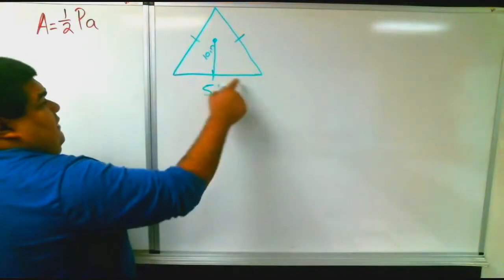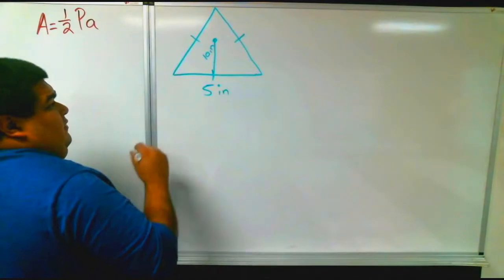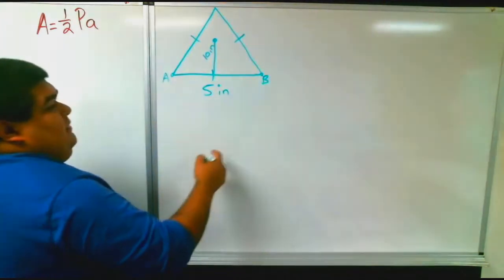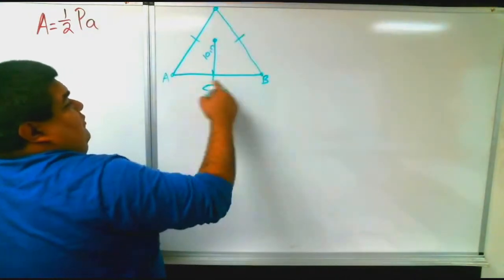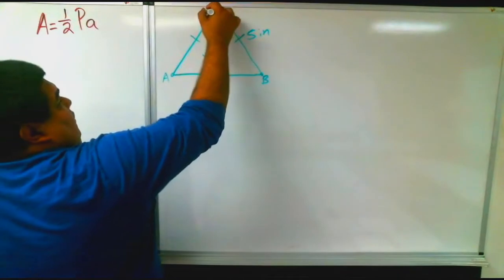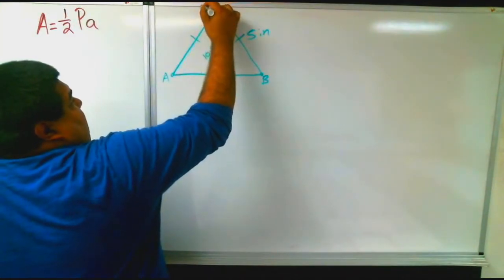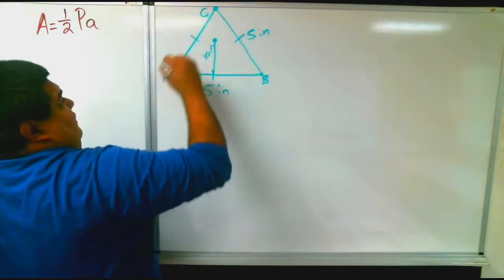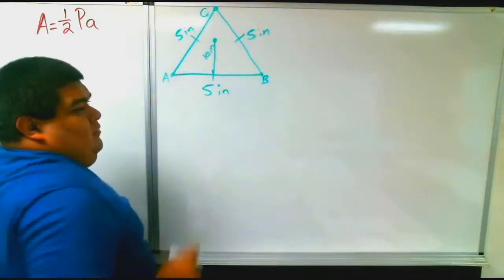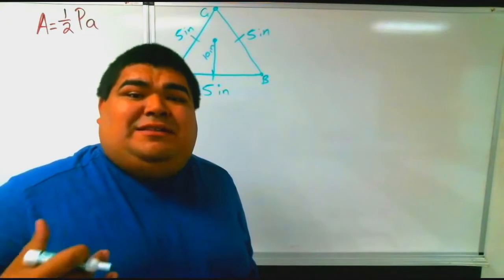So if the outside is 5 for line AB, then that means that BC, since they're the same, is also 5. Therefore, AC is also 5 because all the sides are the same.